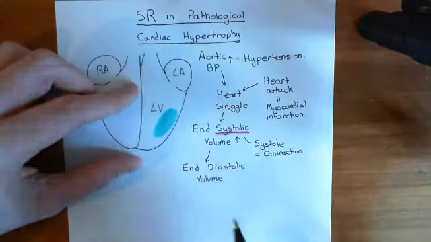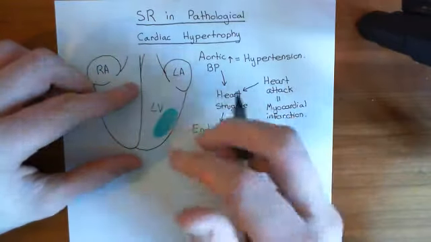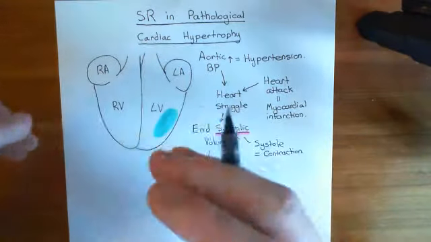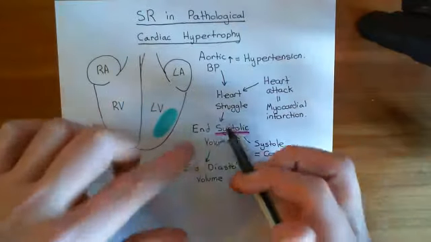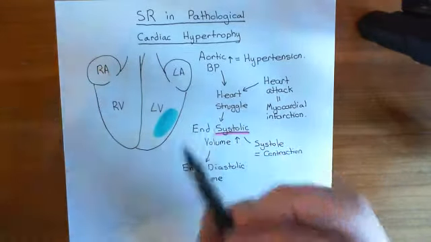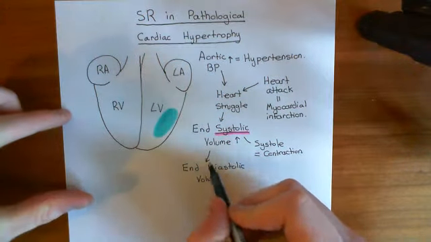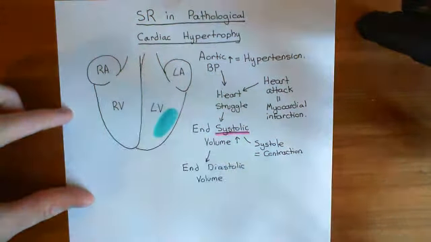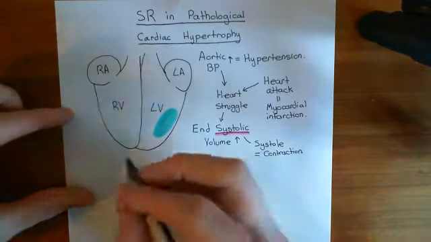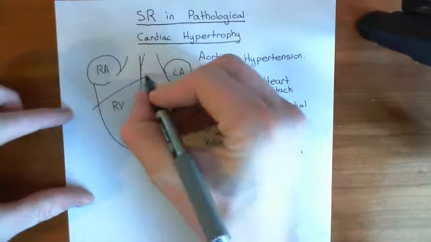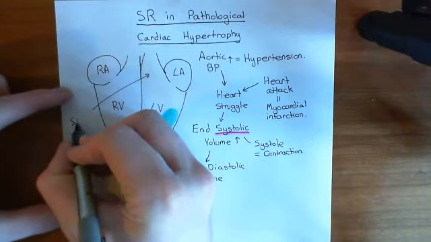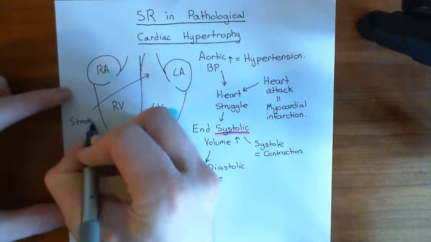So just to revise, the end diastolic volume is the amount of blood in the left ventricle just before it contracts. The end systolic volume is the amount of blood in the left ventricle just after it's finished contracting. So the difference between these two is the amount of blood that the heart ejects, which is the stroke volume.